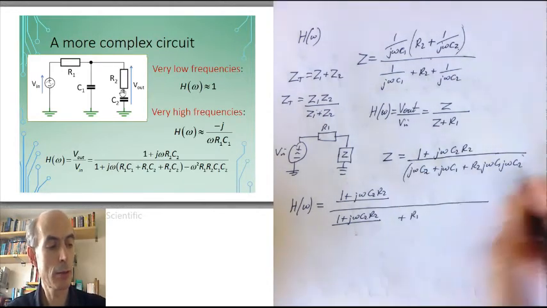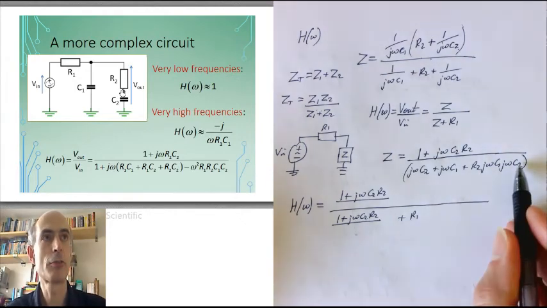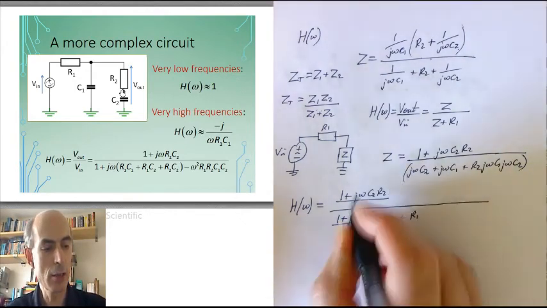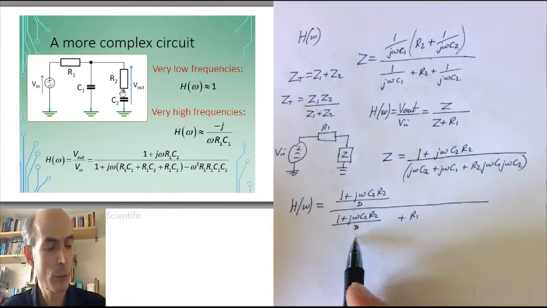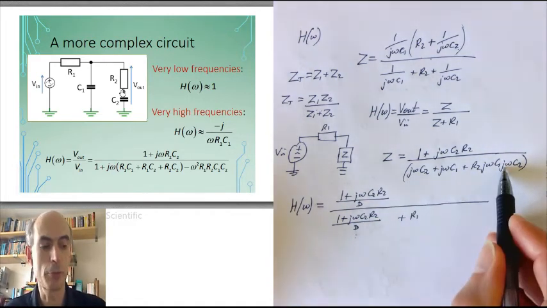If I define this lot, the denominator here, as D, I could write this as this perhaps, where D is the sum of these three terms.